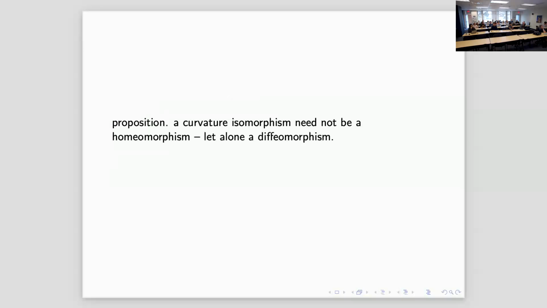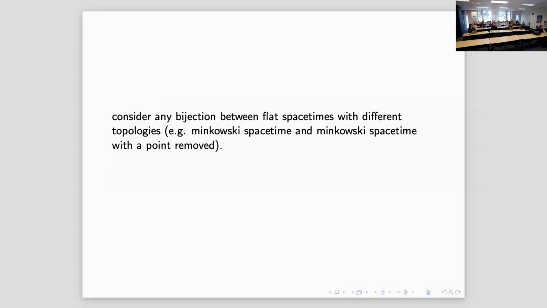And so now back to the claim that we found in the literature of plane versus torus. A curvature isomorphism need not be a homeomorphism, let alone a diffeomorphism. To see that, all you've got to do is consider two flat spacetimes with different topologies, and then consider any bijection between those two models.